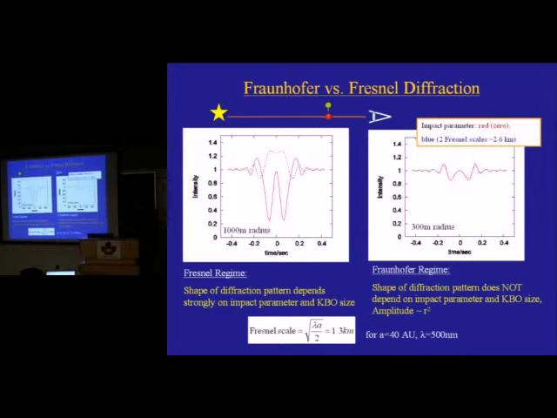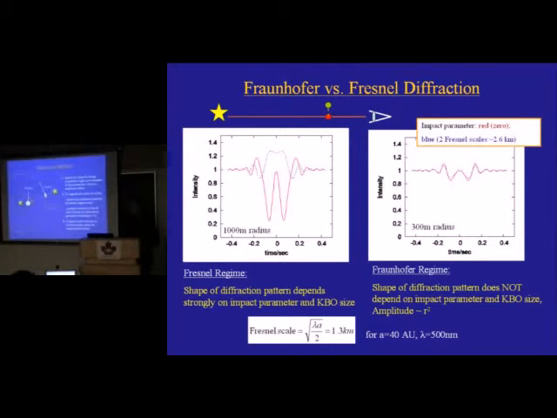The width of this template is just given by the relative velocity between us and the Kuiper belt object, and the amplitude of the signal is just given by the radius squared of the object itself. So you can just fit for the amplitude of the signal. That's quite nice and gets rid of a lot of uncertainties and ambiguities.